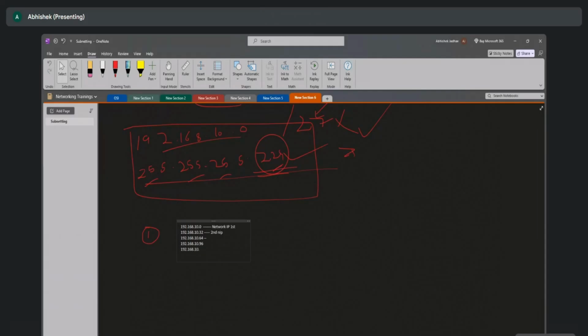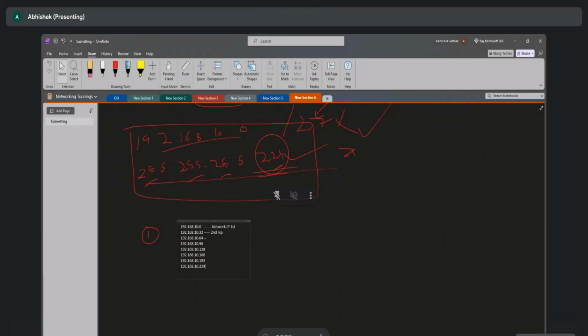Next, 128. Next, 160. Next, 192. Next, 224.